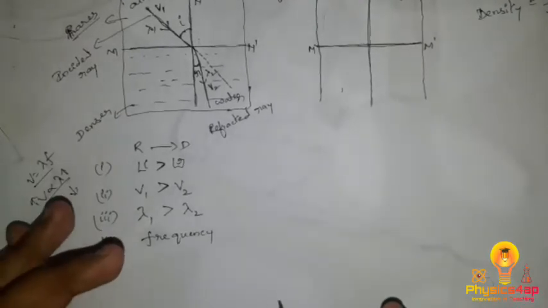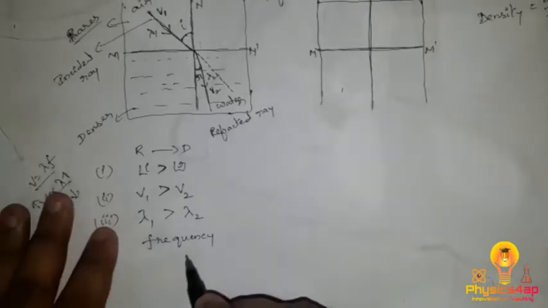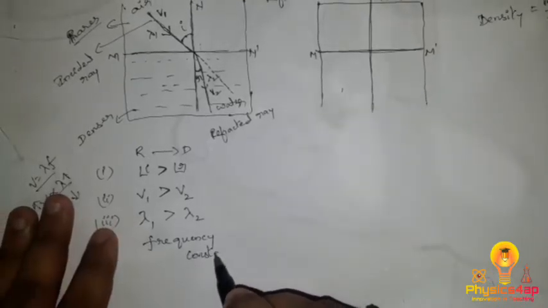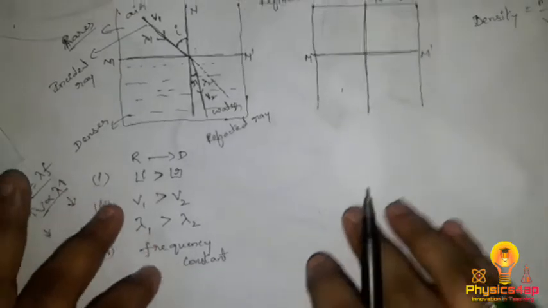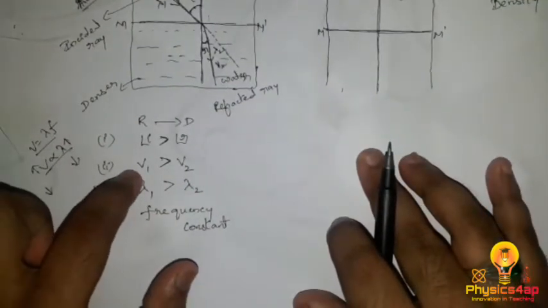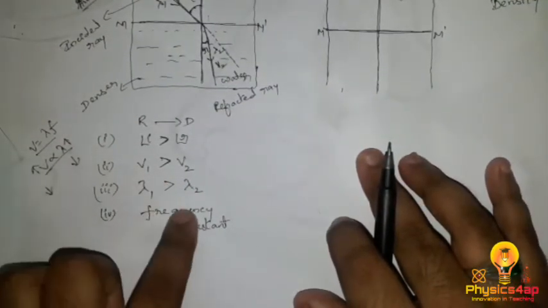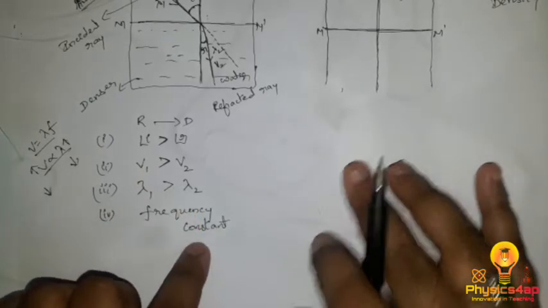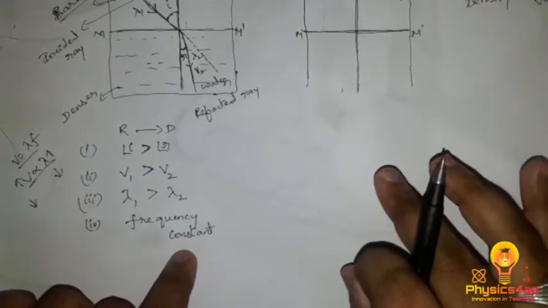Now fourth, what happened to the frequency? The frequency in refraction is constant, that means it doesn't change. During refraction of light, only the velocity of light changes and the wavelength changes, but the frequency doesn't change.